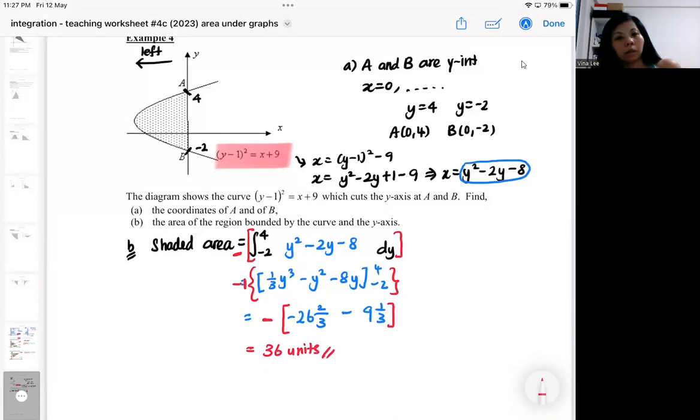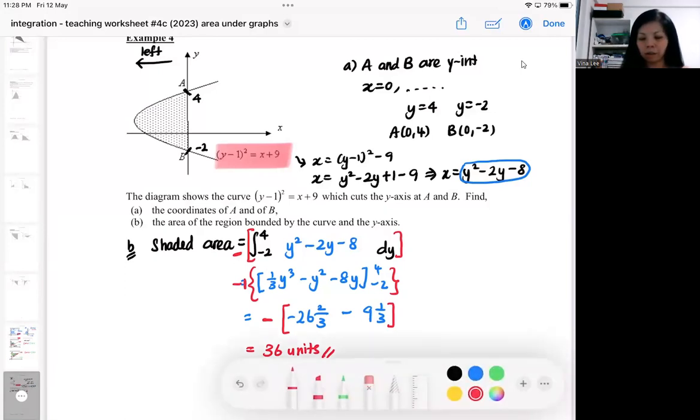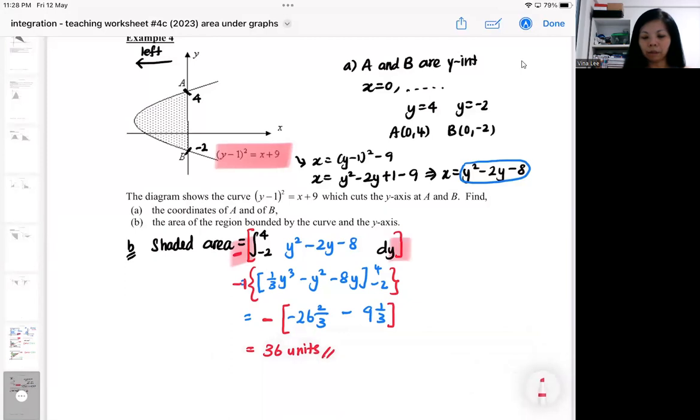If you forget that it is a negative area, it's not an issue. If eventually you get a negative area and wonder why, you can trace back the steps and put in the negative. It's fine.